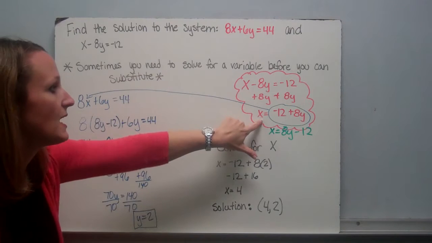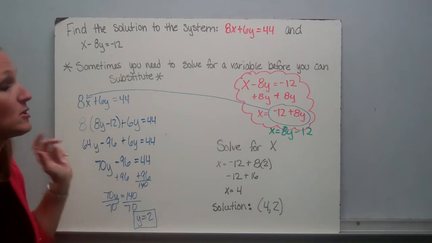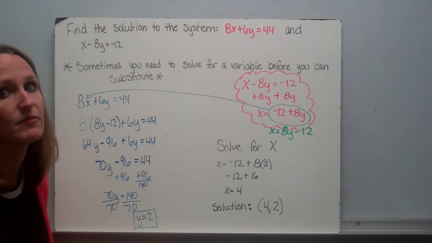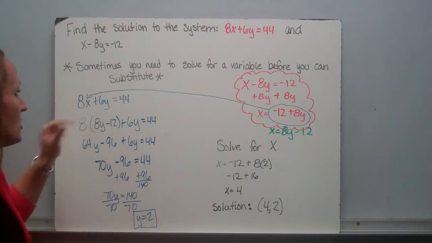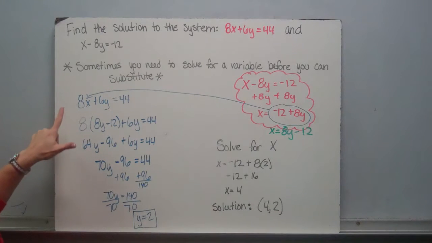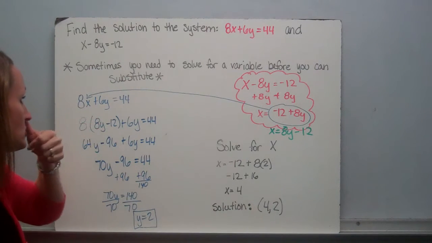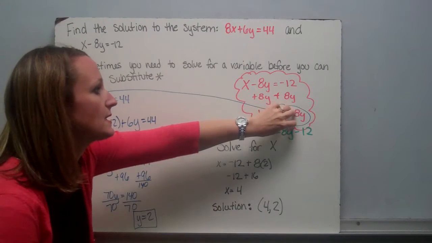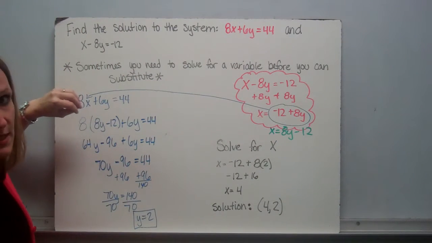So now I'm going to take this x value, plug it in this equation. Now, if my equation had x written multiple times, I would plug it in every time I saw x. It only has it once though. So now I have 8 times 8y minus 12 plus 6y equals 44. I took this x value, plugged it in where I see x.